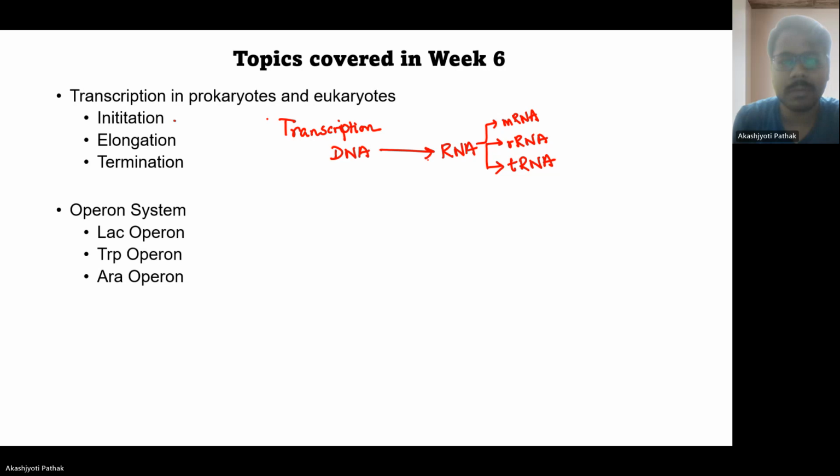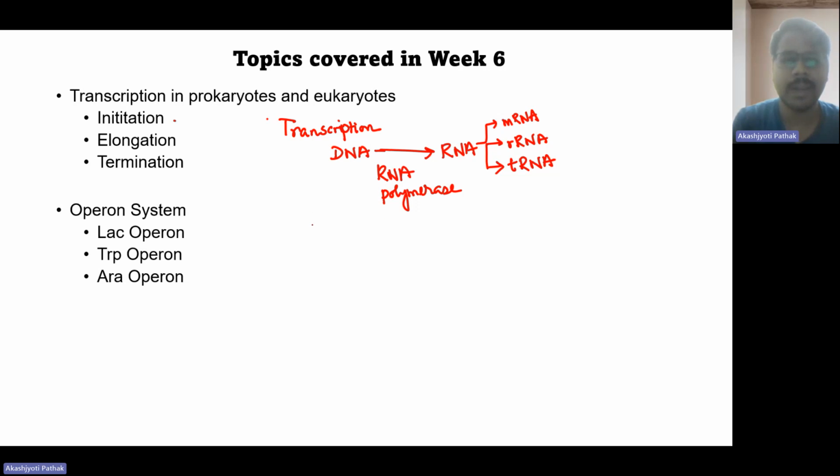Now, the main enzyme which is involved in the transcription of the DNA into RNA is RNA polymerase or DNA-dependent RNA polymerase. Then we saw how transcription takes place in eukaryotes, right?